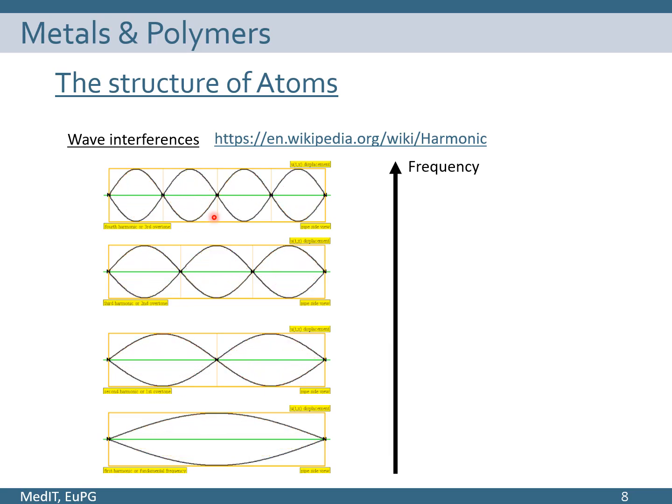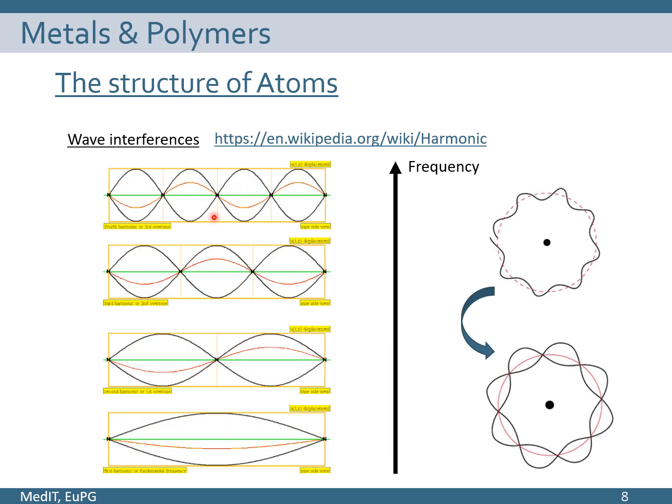Good. Now back to our electrons. You know that electrons are kind of a wave. And this wave is going around the nucleus and it is closing on itself. So it's like having this string closed on itself and waves propagating along it.